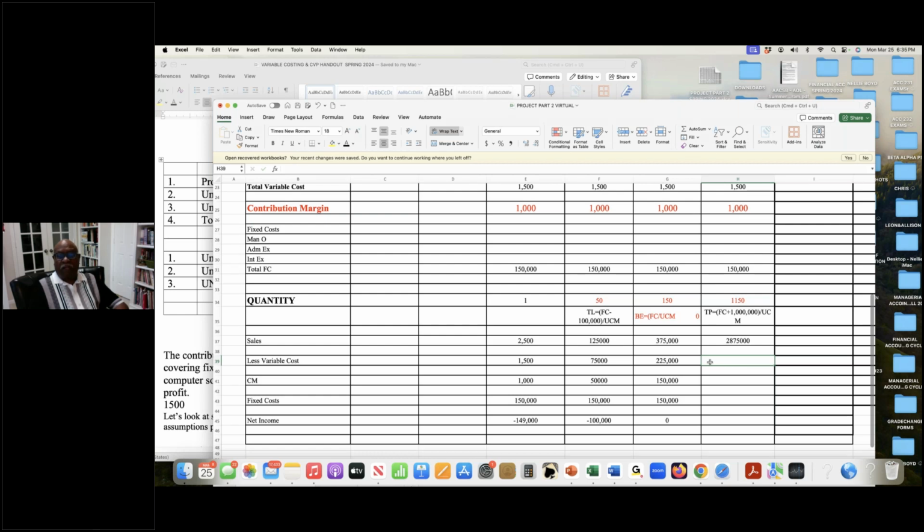What's the cost of those computers? We're going to do a similar thing. It's going to be equal to what? The 1,150 times the 1,500.